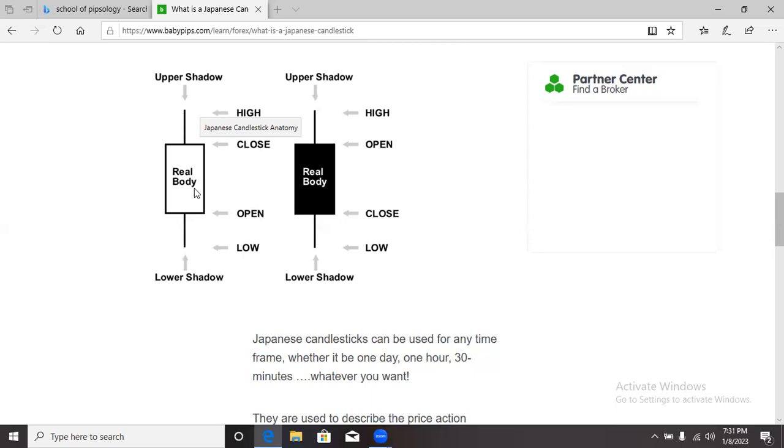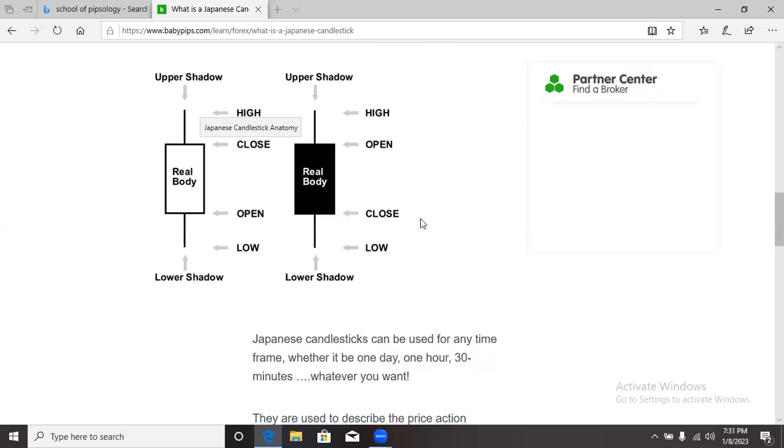Now, if you want to interpret this candle, what does it say? It says the market opens here, and then it closes here. Why does it open here and close here? Let me make a point of clarity here, please.